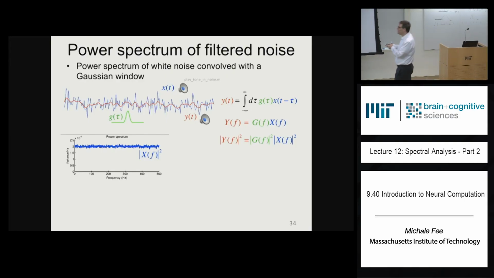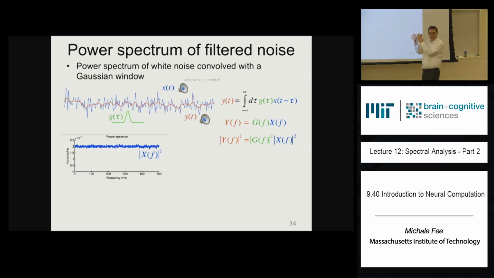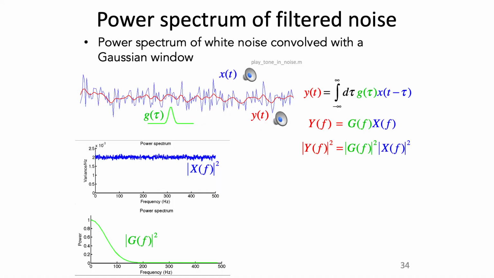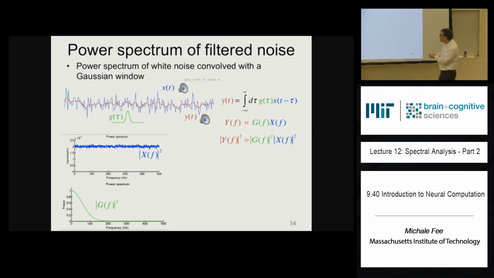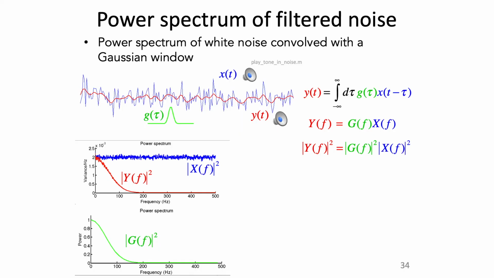Now, how would I plot it? It's peaked where? The Fourier transform of a Gaussian is peaked at 0, so it's going to be a Gaussian here, centered at 0. We're only plotting the positive frequencies, so this we're ignoring, and it's going to be like that, right? So that's the square magnitude Fourier transform of that Gaussian. It's just another Gaussian, right? And now if we multiply this power spectrum times that power spectrum, we get the power spectrum of our filtered signal. Does that make sense?